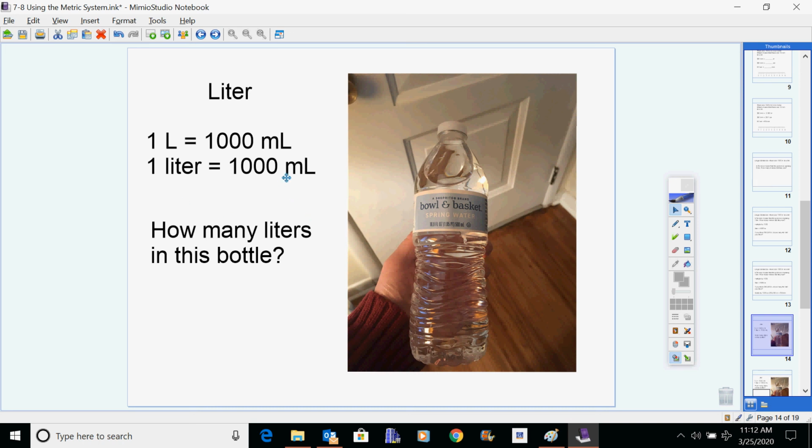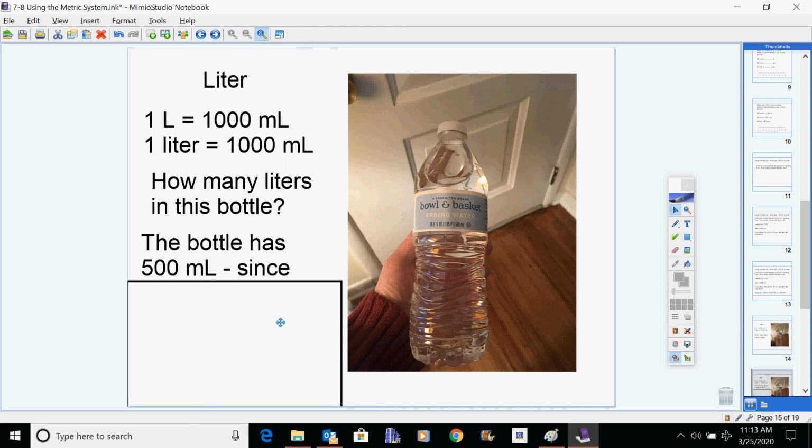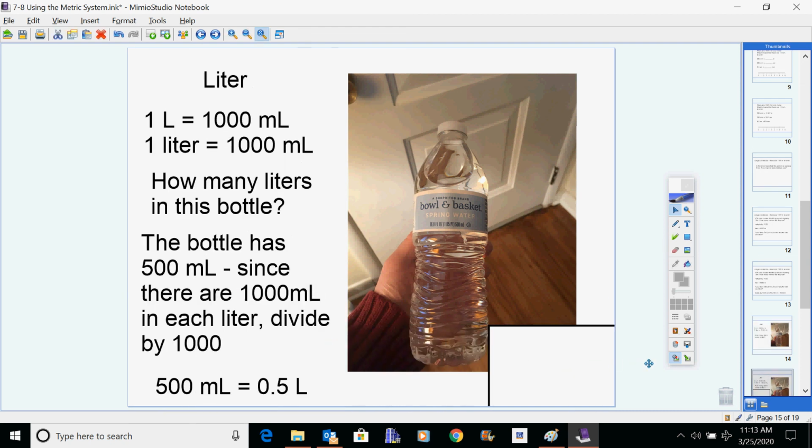So what you need to do is think, okay, well, that means I'm going to be dividing, because this is a little tiny unit. So I'm going to be dividing that 500 by 1,000. And when I divide that 500 by 1,000, I end up with 0.5, because moving it over 1, 2, 3, 0.5, and those last 2 zeros can be cut off. So you have 0.5, which is a half. This is a half liter.